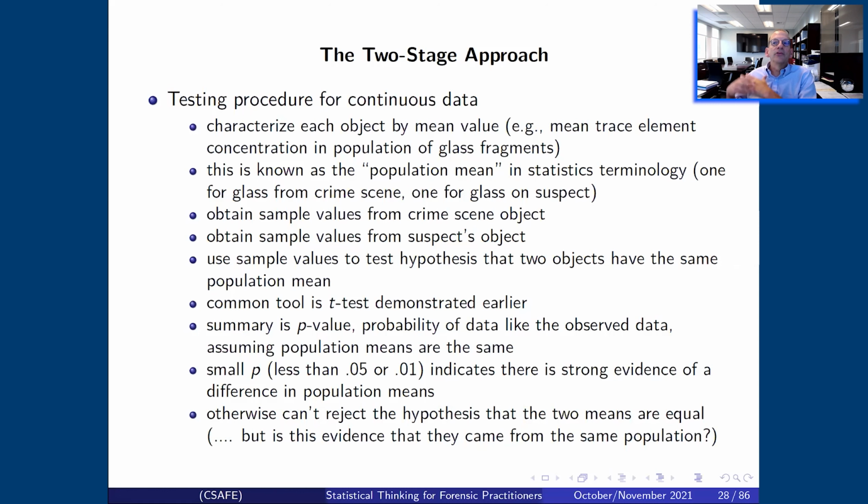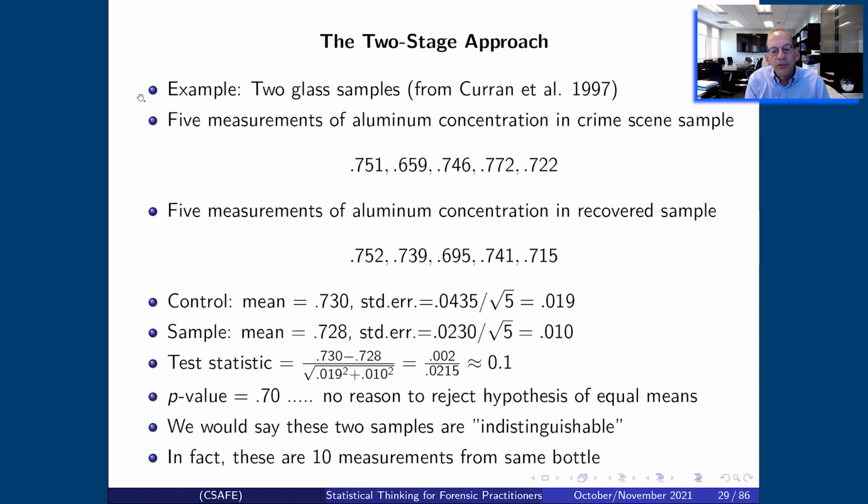That comes from some other source. We think about that sample as characterizing that other source. The statistical test allows us to say, under the null hypothesis that they came from the same source, how likely is it to see the differences that I see? And we need some decision threshold, the p-value, that allows us to decide whether we're going to say indistinguishable or can be distinguished.